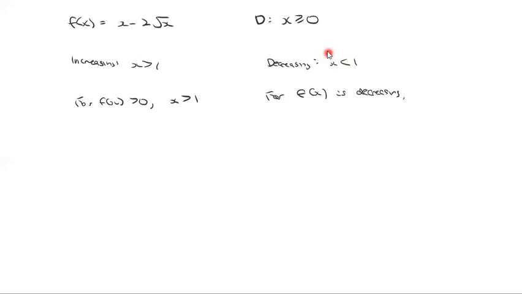But the fundamental condition of the function itself is that x must be greater than or equal to 0. You can't be negative. And as a result, your final answer for the decreasing part would be x is greater than or equal to 0, but strictly less than 1. Does that make sense?